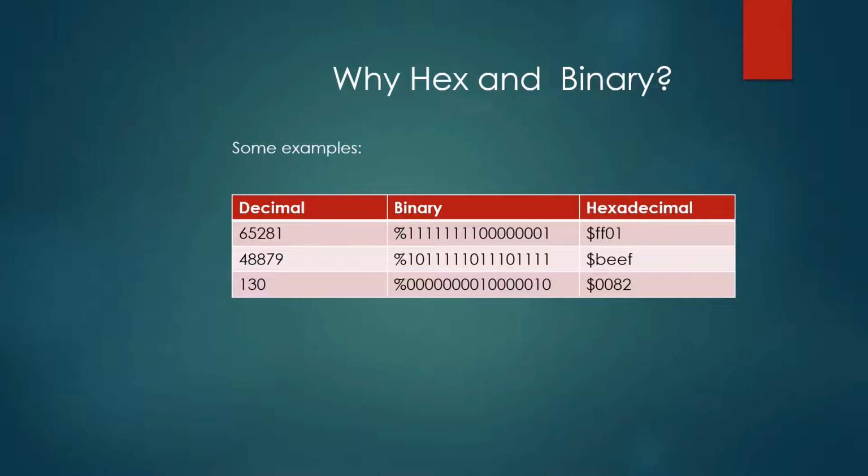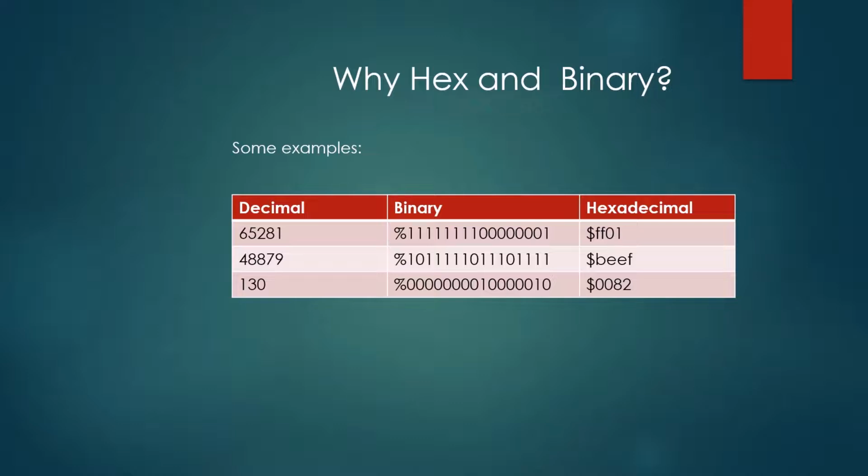The good thing about hexadecimal is that it's a very compact representation, and you can easily read the numbers. Moreover, the digits of a hexadecimal number map quite readily to the binary digits.